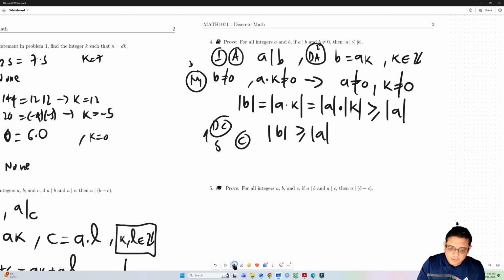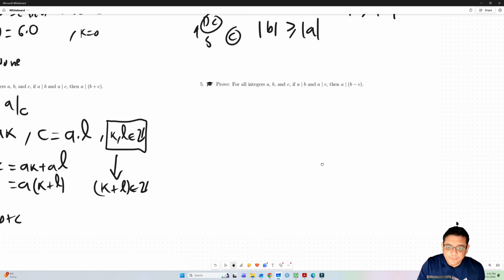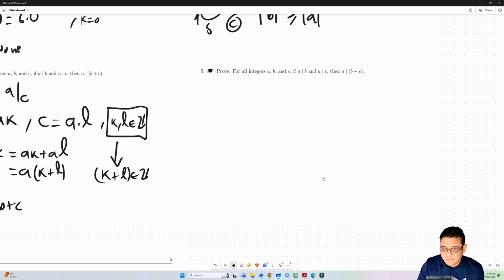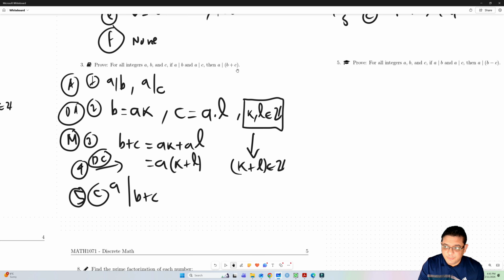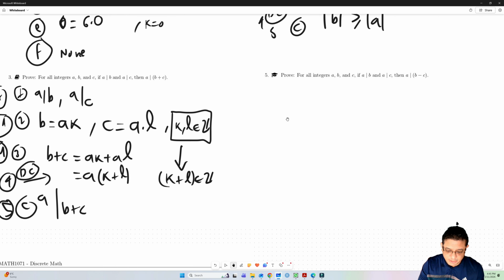All right, question number 5 says, prove for all integers a, b, c, if a divides b and a divides c, then a divides b minus c. This is pretty much the same structure of the proof that we did before, remember? We had this proof here, proving this for the sum. So we're going to do the same thing, but now for the subtraction.